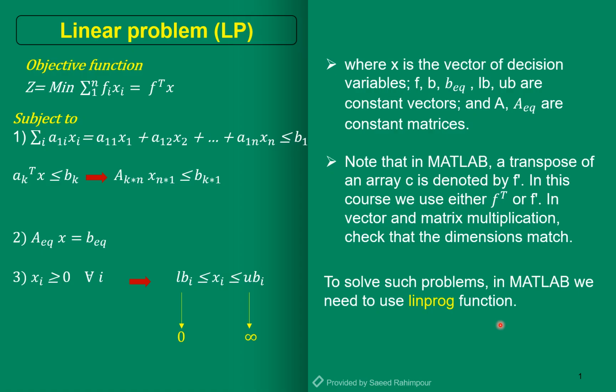The final important thing is that for solving a linear problem, in linear programming, we will use the linprog function, and we will see how we practically use this function in software to solve a linear problem.